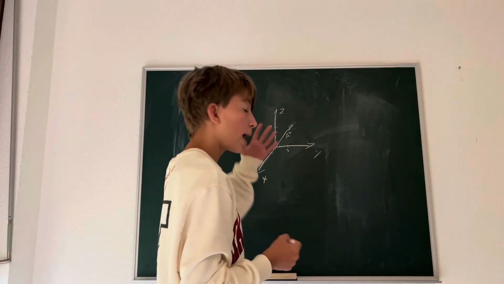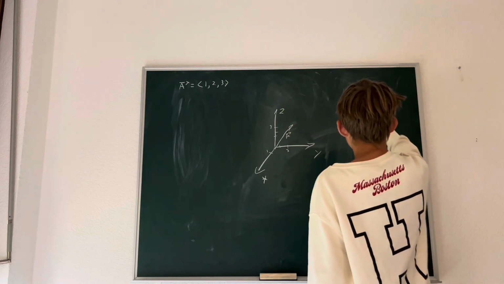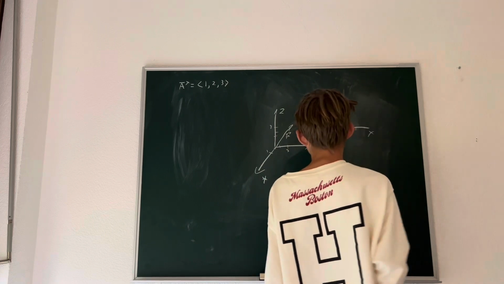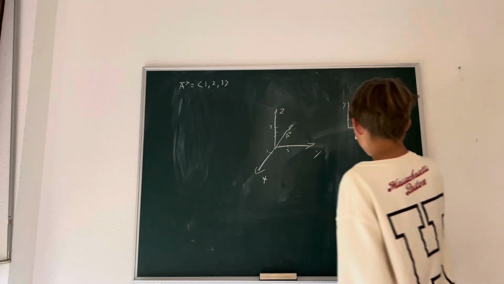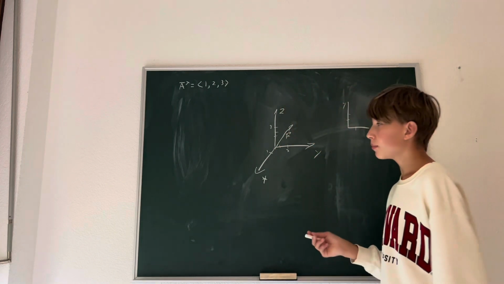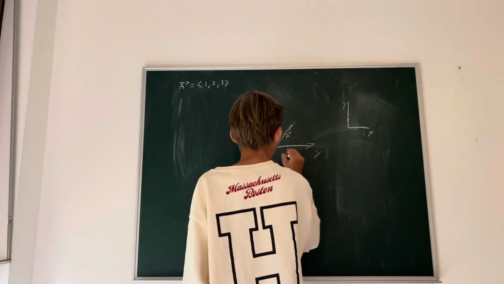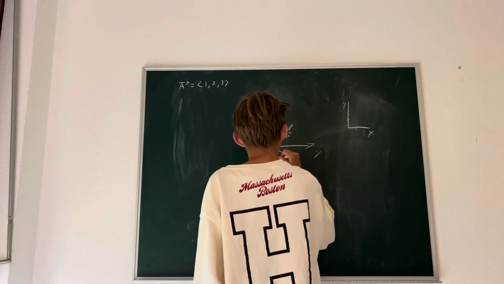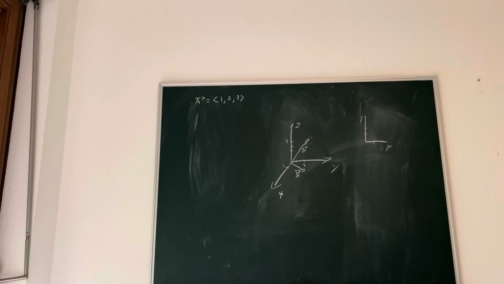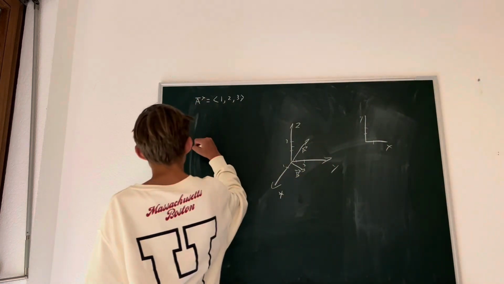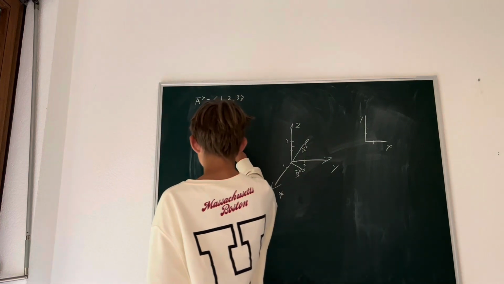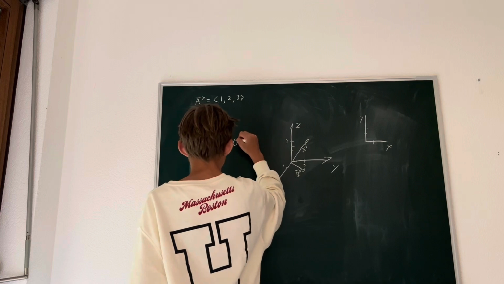This is just going to be in the xy plane. Y, x, and this is just going to be 1, and this is going to be 2. So the height here is of course going to be 3, but we can just ignore that for now, and we can call this vector B. So B is going to be a vector with components of just 1, 2, and 0.